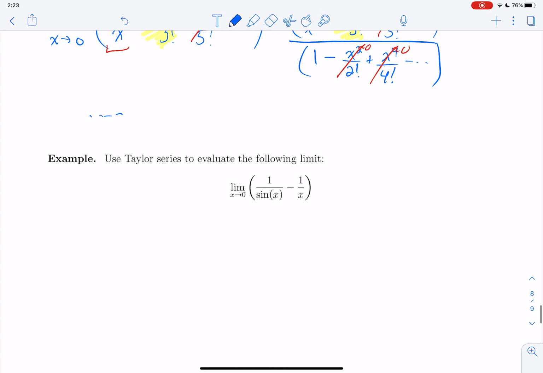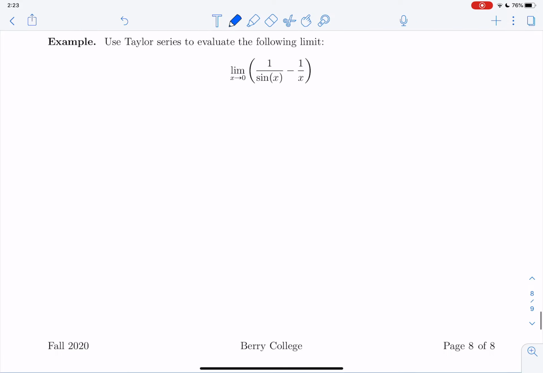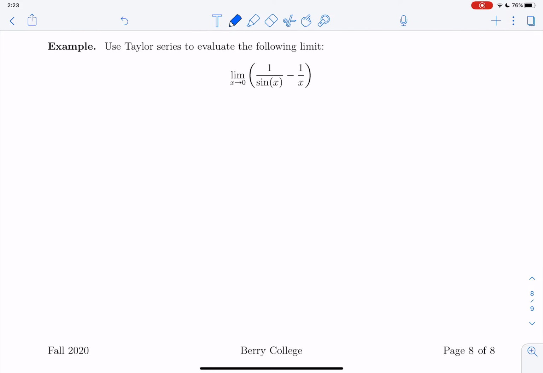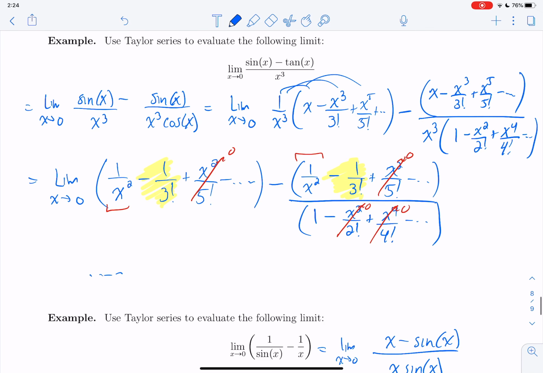And the last problem that we want to take a look at is a very similar problem here. Here what we have is if I were to, say, get a common denominator here, this would be the limit as x approaches 0 of x minus sine of x over x sine of x, which if I were to import what I know about sine of x, right, what I know about sine of x is that it looks like this.